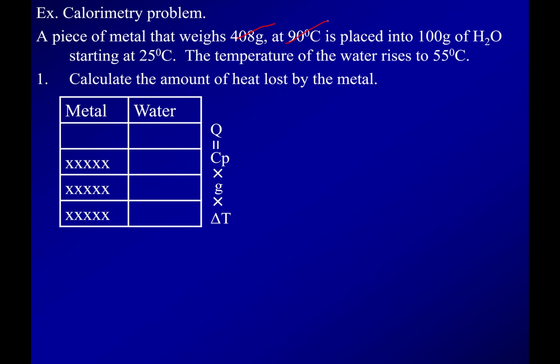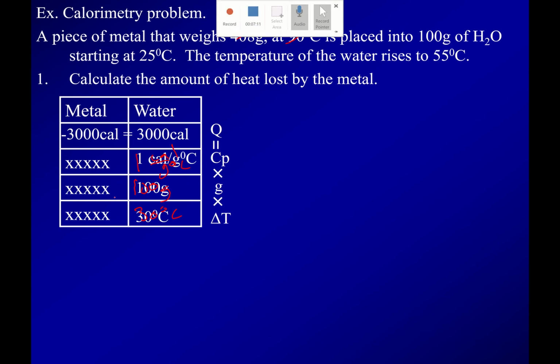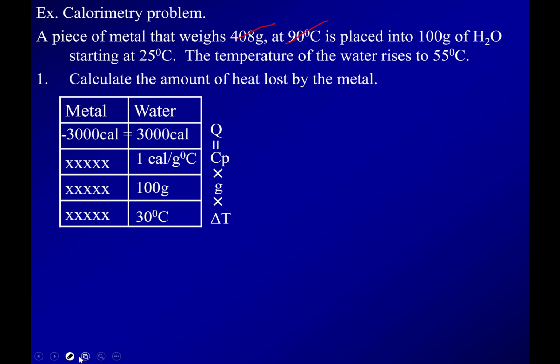We just need the mass of the water, the change in temperature of the water, which is 30 degrees Celsius, and the Cp of the water, 1 calorie per gram degrees Celsius. So pretty straightforward: 3,000 calories. Okay, so there's calorimetry. Good luck.